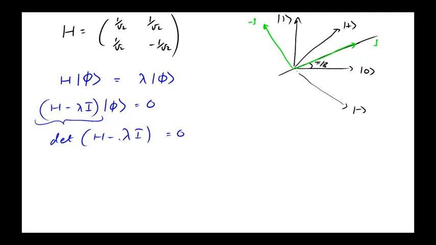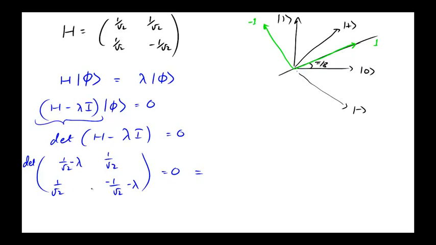So let's write out this condition. What's H minus lambda I? Well, H is 1 over square root 2, minus 1 over square root 2, 1 over square root 2, 1 over square root 2. And now we want to subtract off lambda times the identity, so we subtract off lambda from the diagonal. And now we want the determinant of this to be equal to 0, but what's the determinant?